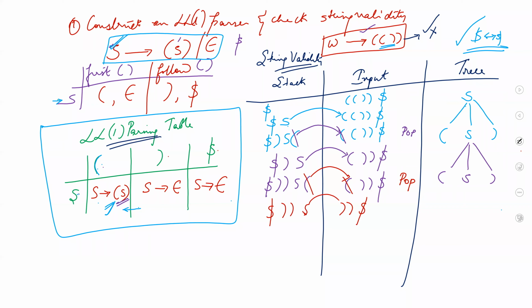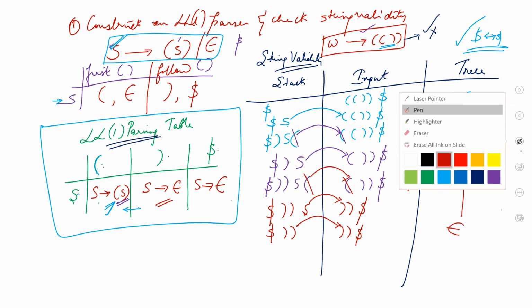S will now encounter a closing bracket. Come to my parsing table. S will now encounter a closing bracket, which means S should be replaced by epsilon. S should be replaced by epsilon means, S nullifies itself. So, remaining I have this over here. I replaced S with epsilon. I check both of these. They are a match.